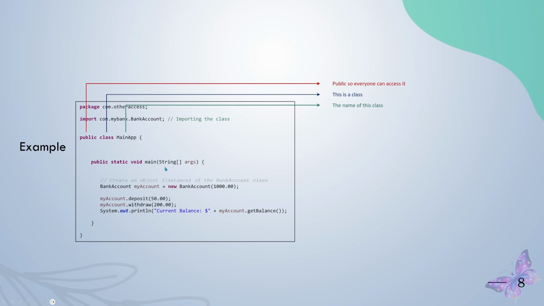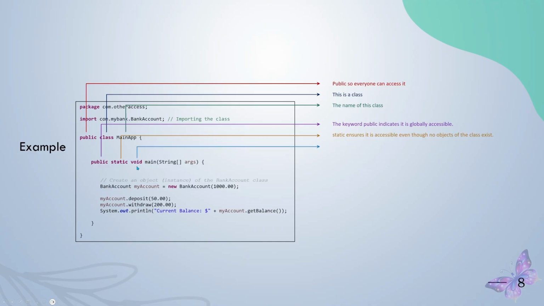Now this particular line is also public. This public keyword indicates it is globally accessible. When we say static, the static keyword ensures it is accessible even though no objects of the class exist.